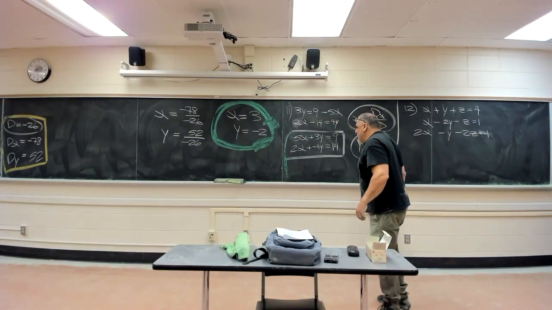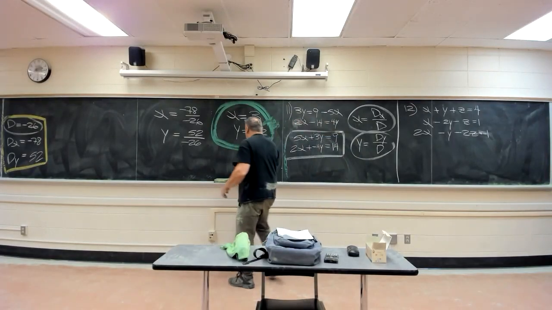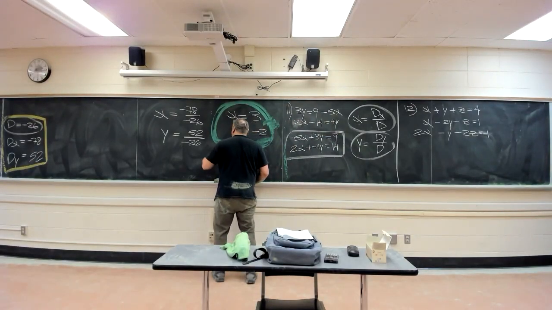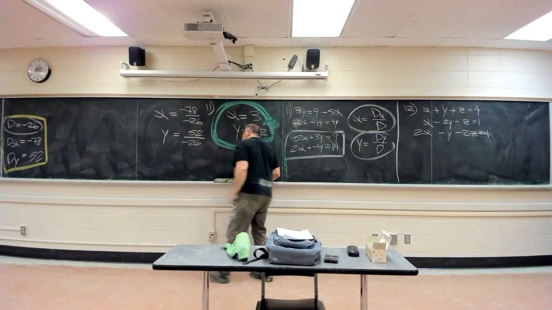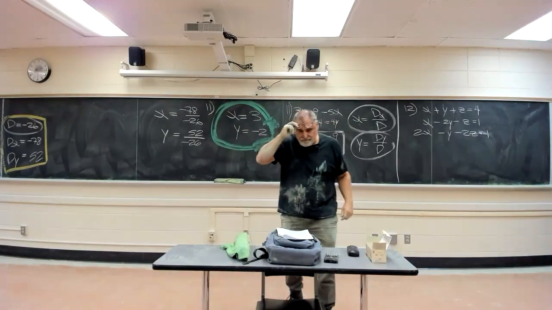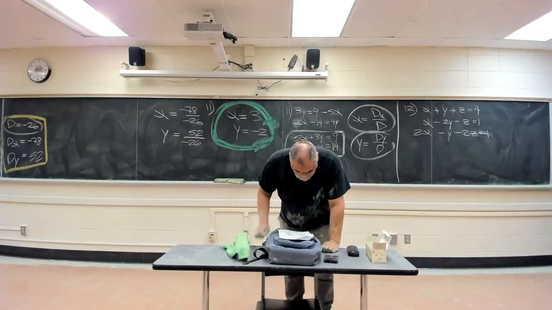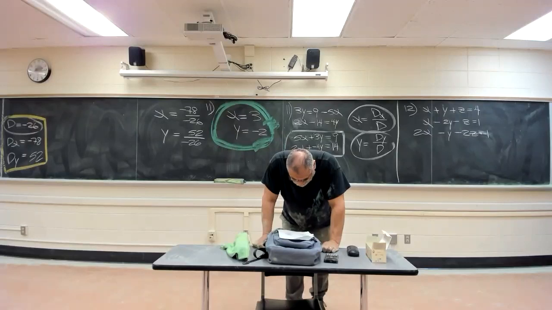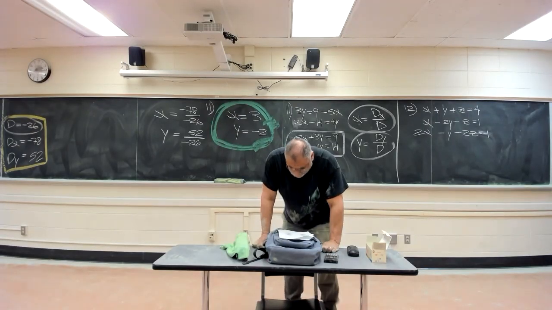X equals 3, y equals negative 2. That's 3 comma negative 2.